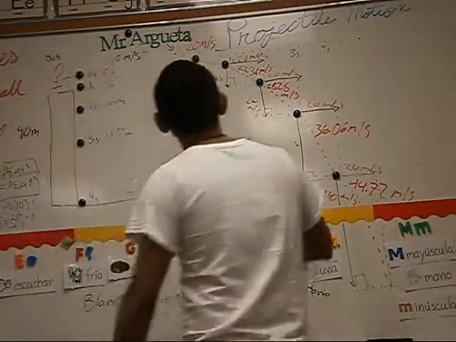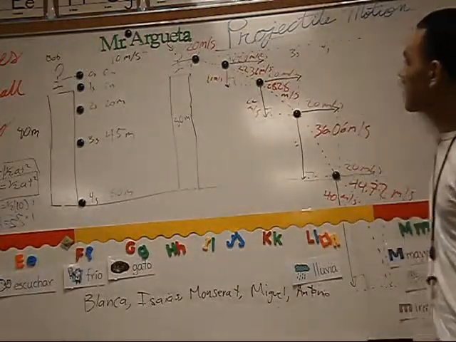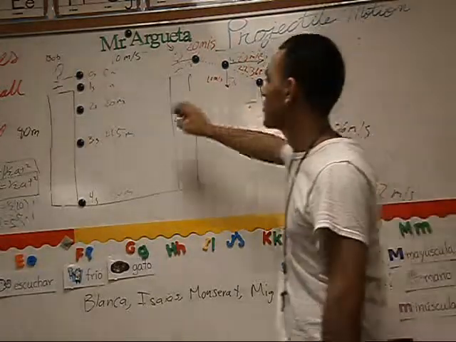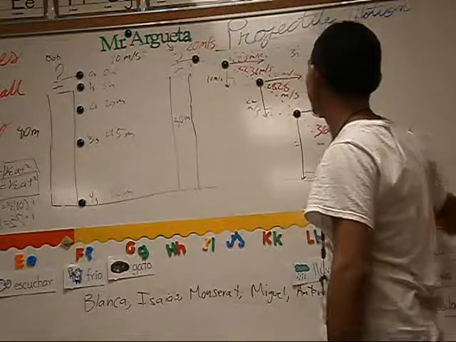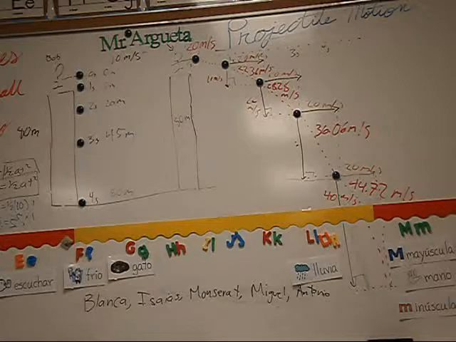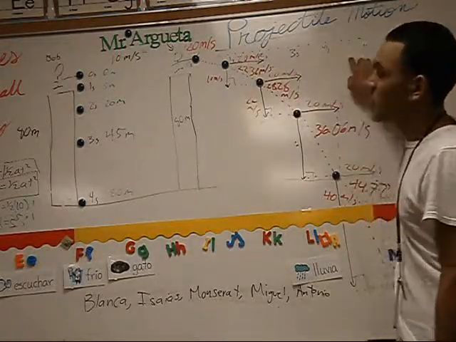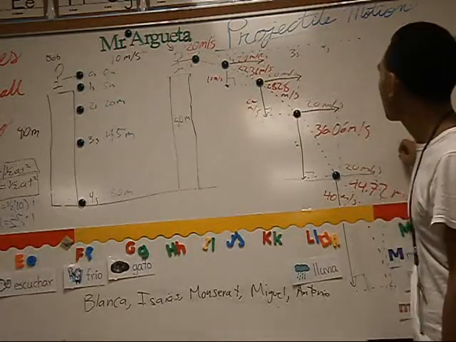So if you throw it horizontally, it should be the same as if you just dropped it. But if you throw it up, then that's a whole different equation, whole different thing. So now we figured out the horizontal velocity is always going to be the same, 20 meters per second.